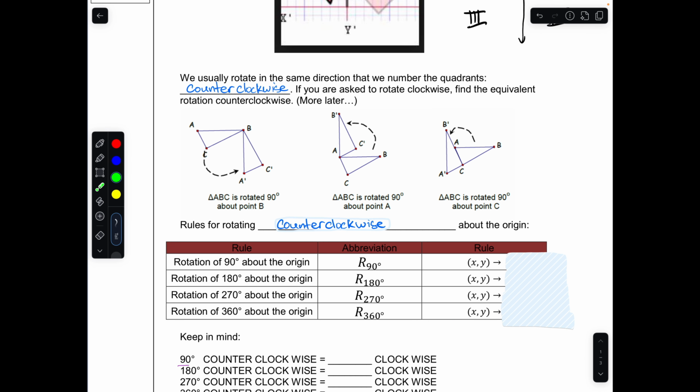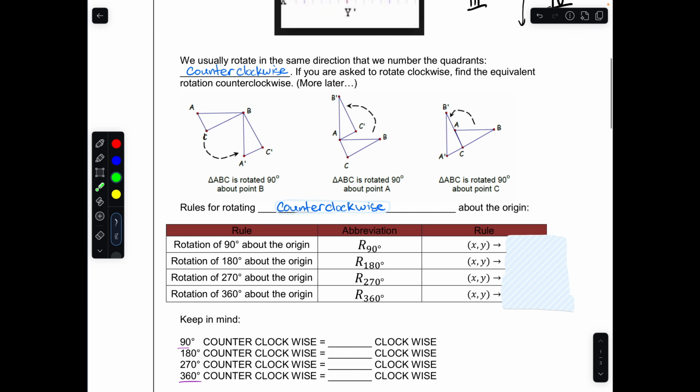You may have even written these down already in class when we were looking at the rotation file on Desmos. We were rotating different points, and we noticed some patterns about how the x-coordinates and the y-coordinates of the pre-image and the image look very similar, but sometimes they change sign, or sometimes the x's and y's swap.